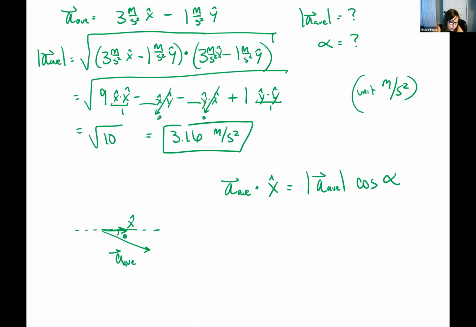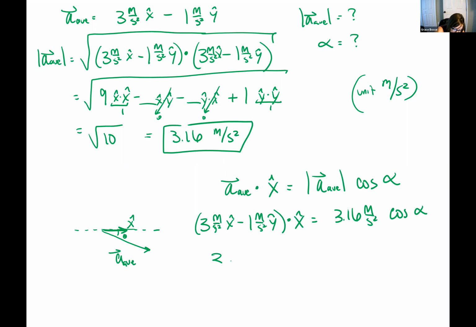At this point, I can just plug all my stuff together so far. So this is my vector written in component form. I'm going to dot that with x hat. That is equal to the norm of my vector, which I just calculated, times cosine alpha. When I do this dot product, the only thing that remains is the 3 meters per second squared. X hat dot x hat is the number 1.